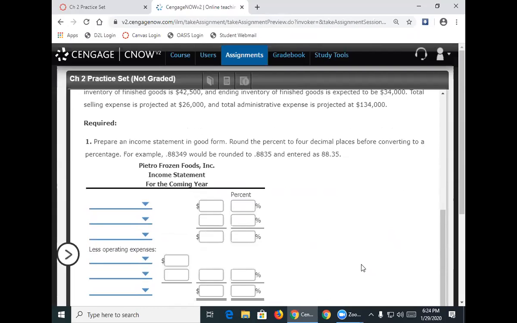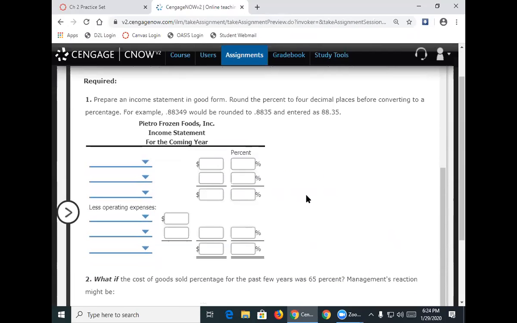Okay. So when I start an income statement, what's the first thing I put on? Sales. Very good. And what is my sales? How much are my total sales? So our total revenue, we had 49,300 units at a price of $12.50.